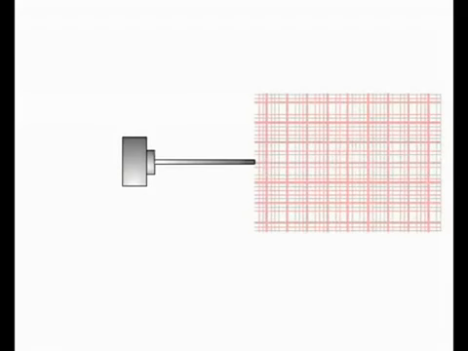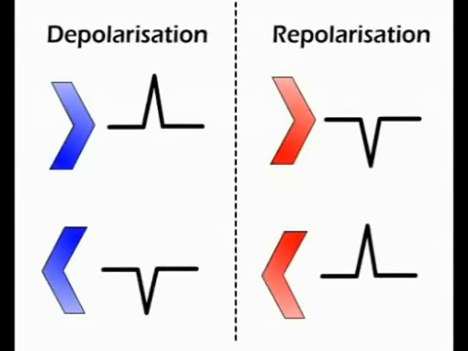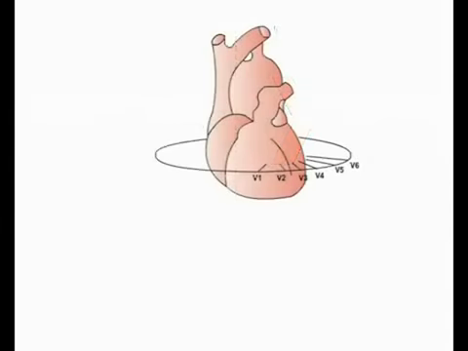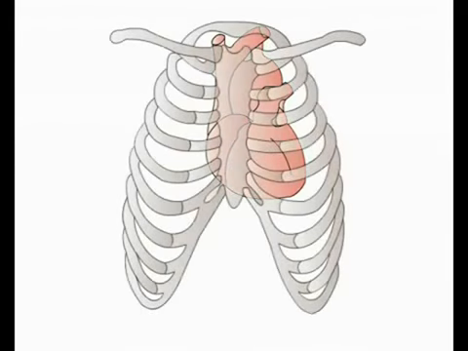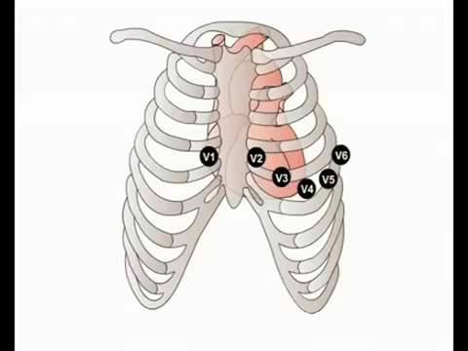As the depolarisation and repolarisation waves spread over the normal heart in a well-defined and relatively constant pattern, these rules mean that if we know the position of an ECG lead relative to the heart, we can predict the form of readout it records. We'll come back to the nomenclature and position of all 12 leads later, but for now let's see how this works in 2 of the 6 so-called chest leads, V1 and V6.